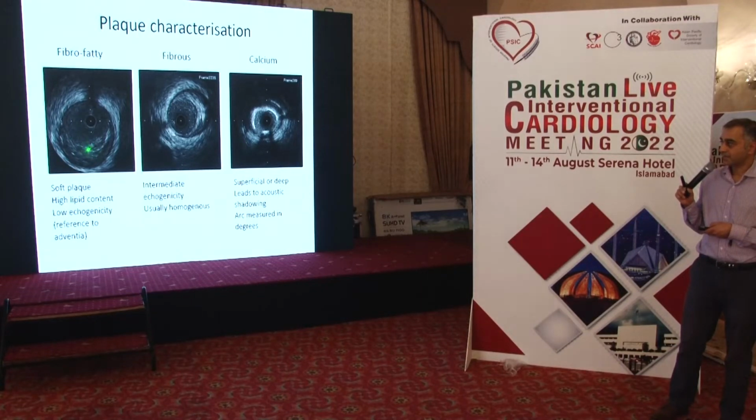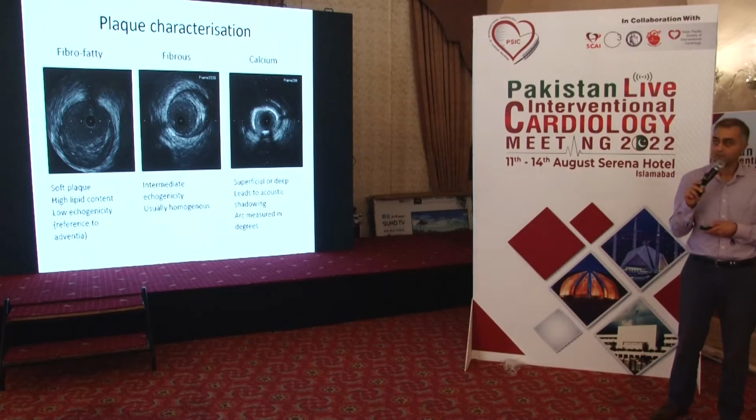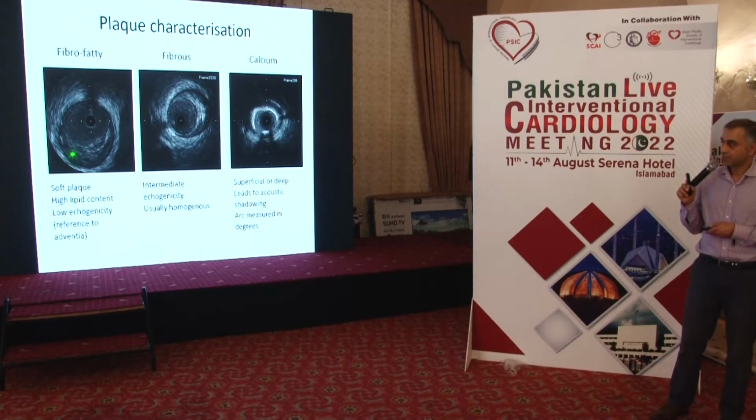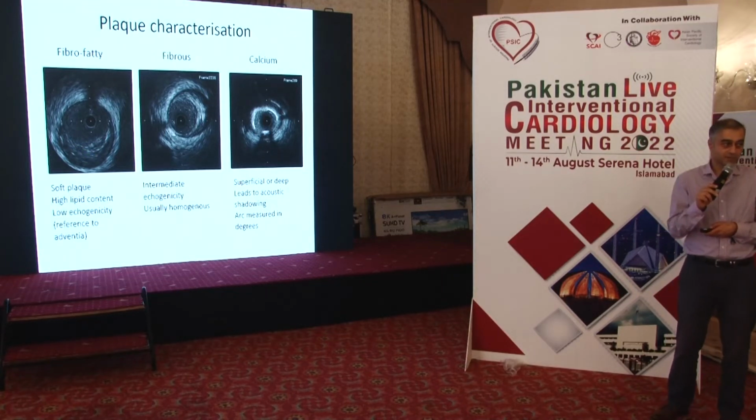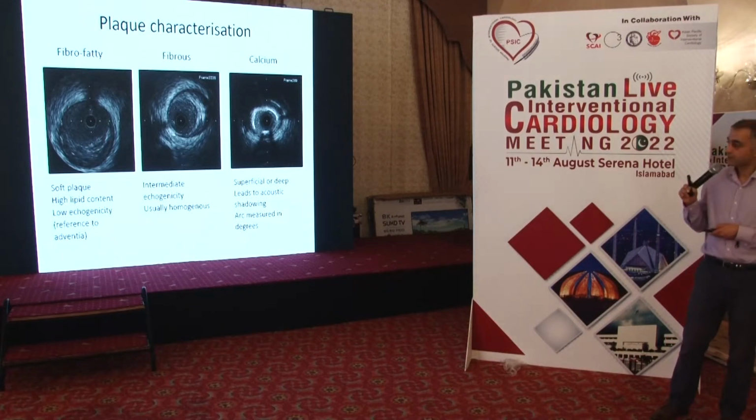And what tends to happen in fibrofatty plaque is that it's usually of low echogenicity when we compare it to the adventitia. Right? So it's usually dark, and we're assuming here that there are lipid pools in here. Okay, so it would normally appear like a dark shadow within the lumen, or just abutting the lumen and away from the media.